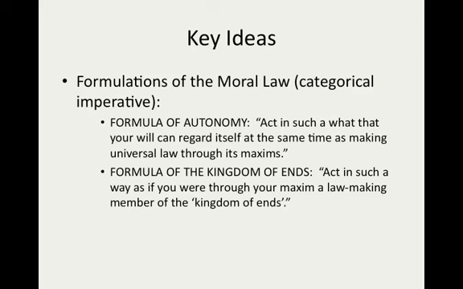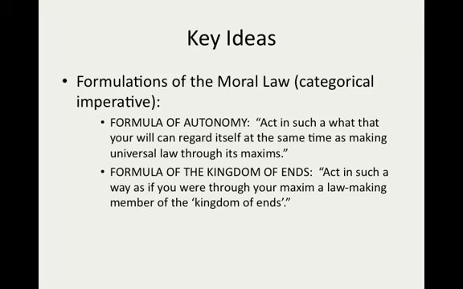And then finally, the last one, the formula of the kingdom of ends: act in such a way as you were, through your maxim, a law-making member of a kingdom of ends. Well, what's a kingdom? That's a world. And what are the ends? In this case, he means what's most important, the highest thing. And for Kant, it's you and me as rational beings.